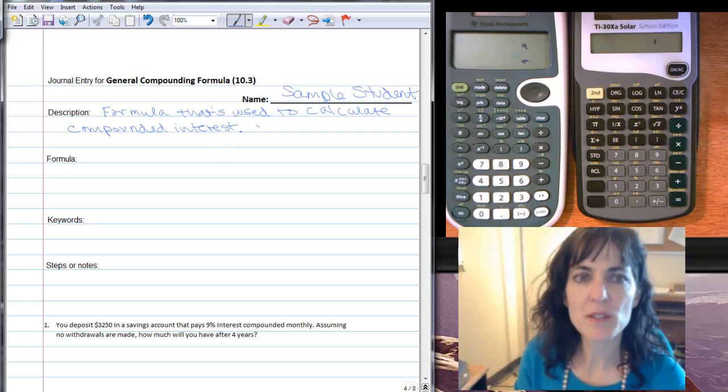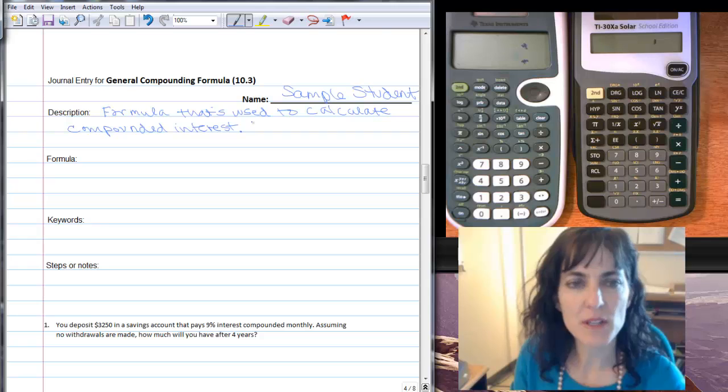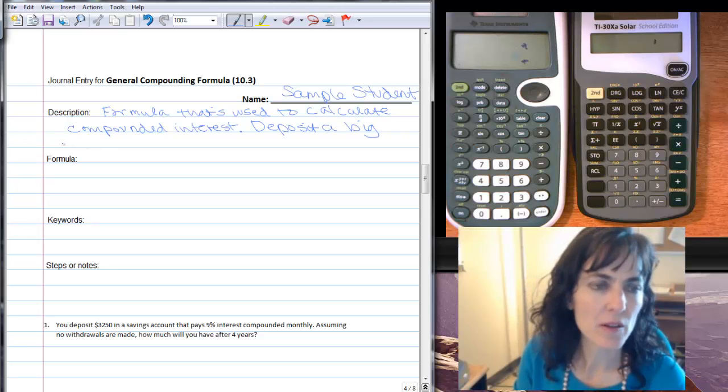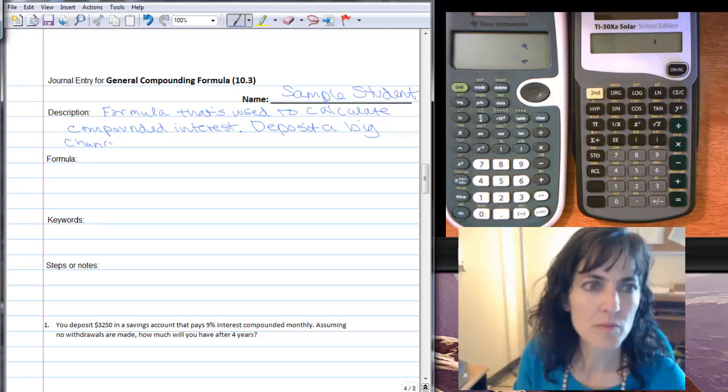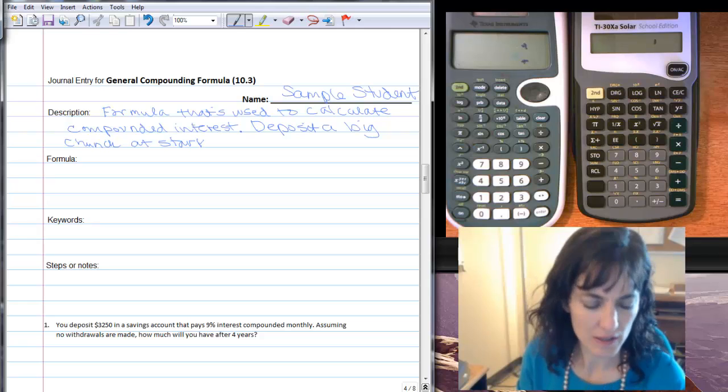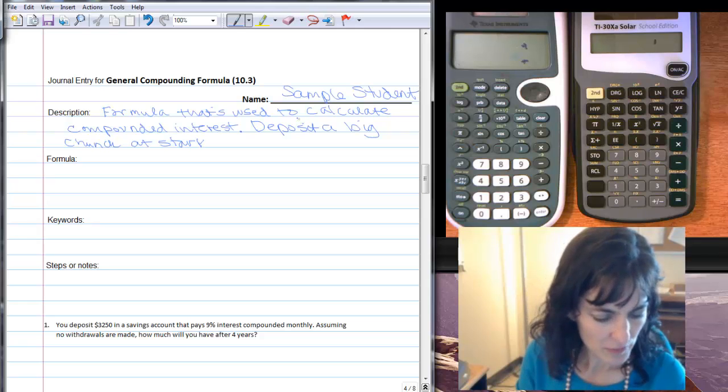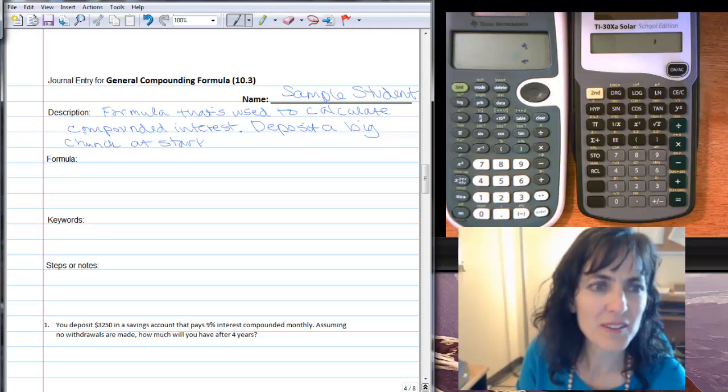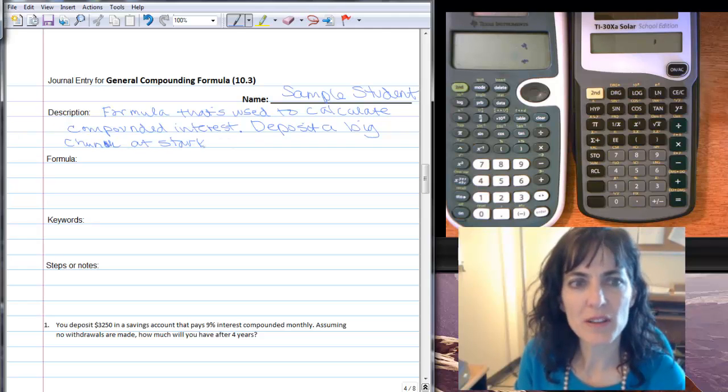And with this formula you deposit a big chunk at the start. I spelled chunk wrong. A big chunk at the start.